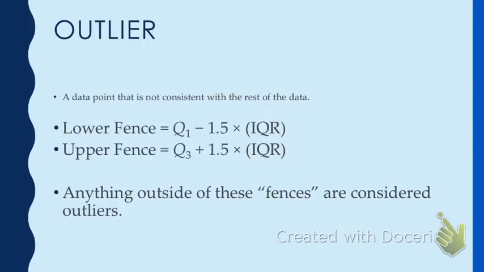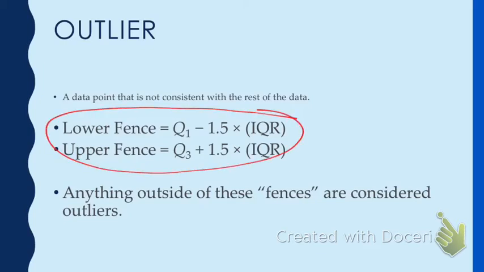To calculate whether you have an outlier, you're going to use these two beautiful formulas. You're going to take your Q1 minus 1.5 times the IQR, and you're going to take your Q3 and add 1.5 times the IQR. We're going to do this with the data that we already have. I'm going to insert two things for my lower fence.